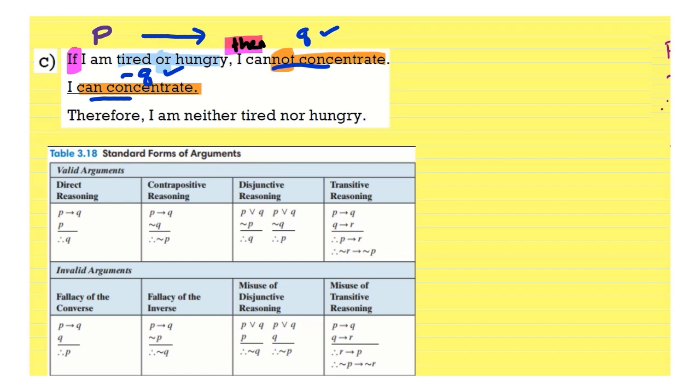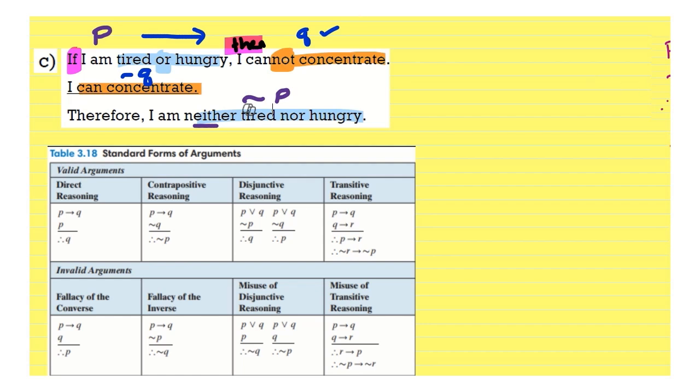So I negate the Q on the second line. So the third line says that I am neither tired nor hungry. So that means that we are going to negate. The word neither means the opposite of if I am tired or hungry. Neither tired nor hungry is not tired or hungry. So it's going to be not P.